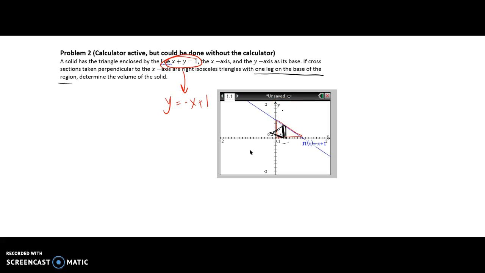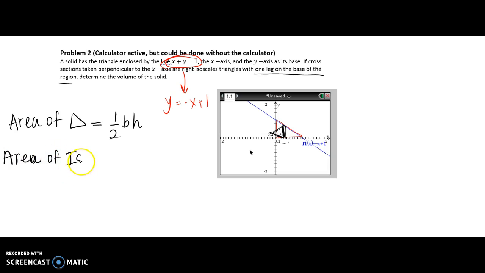So, as in the last example, I need you to rewind back to geometry for a second. In order to set up this integral, I need to first remember the area of a triangle. And you guys are pretty good with this one. I hope it's not news to you that that would be 1/2 base times height. Now, the tricky thing in this example, and the really key lever, is that I can extend that formula not just to the area of a triangle, but to the area of an isosceles triangle, because that's what I've got in this case.